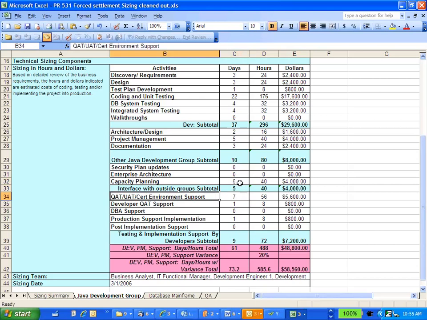Developers have to support the QA effort, which means QA people find bugs, developers fix them. When the product is going live, again the developers will come into play. So all these days get added, all these hours get added, and we're coming to 488 hours for this project.